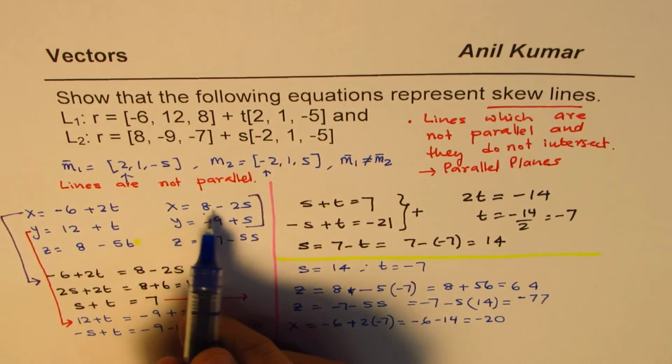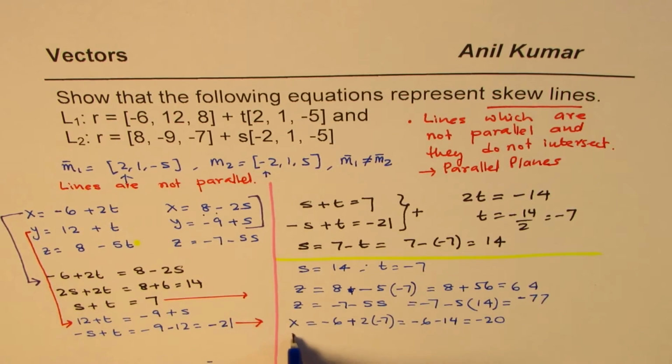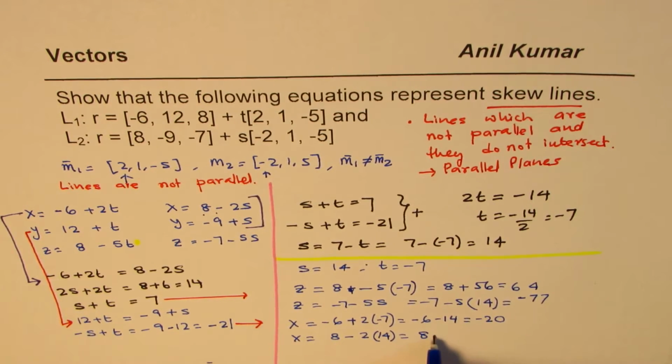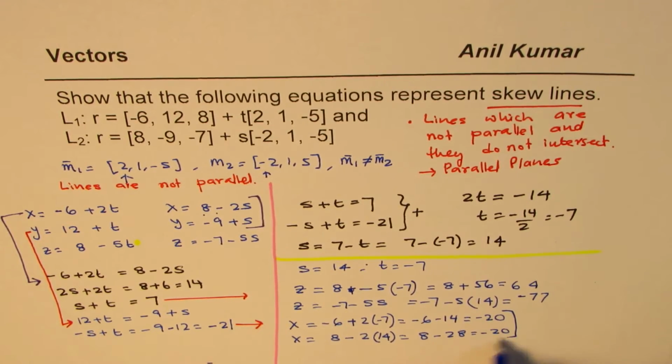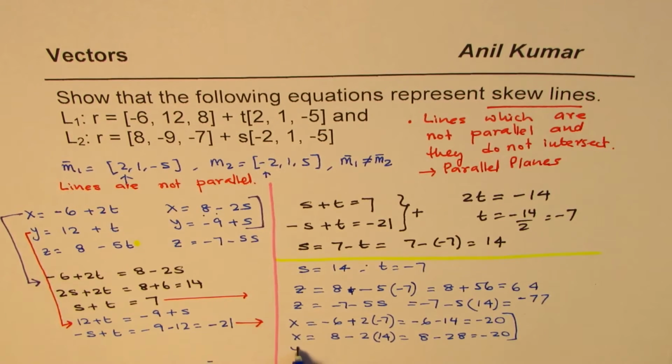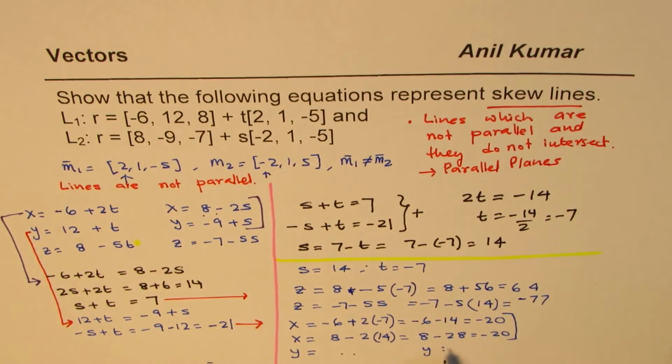If I substitute in the other equation, we get x equals 8 minus 2 times s, which is 14, and that is 8 minus 28, which is minus 20. So we find that the x values of both match. Similarly, you can find y values also. I'll leave that for you.